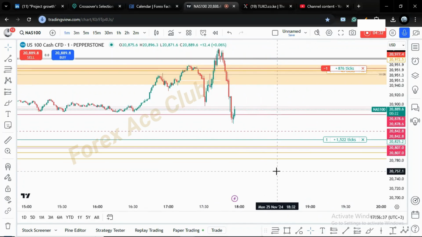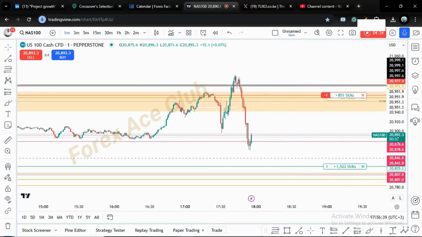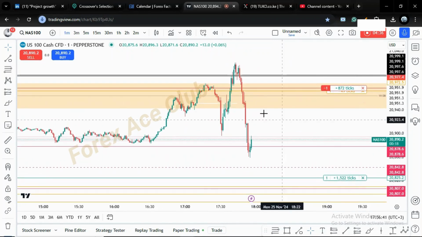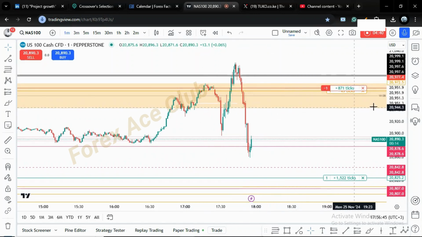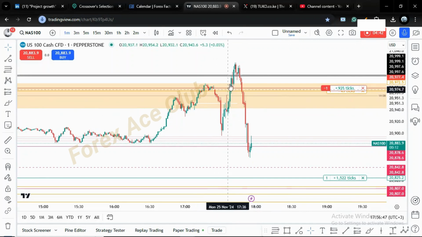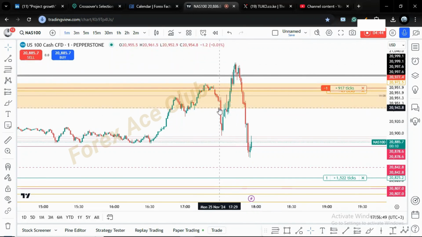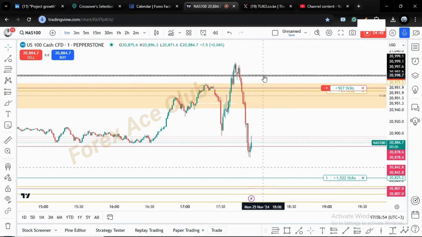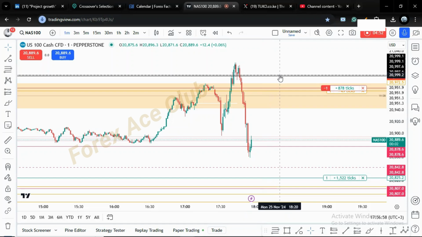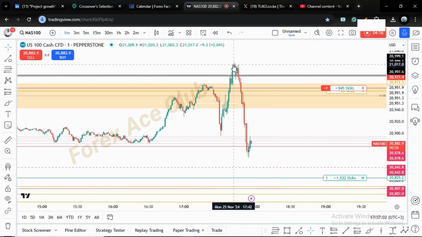Scalpers usually catch a price run from a high to a low. So this was a 1 hour order block, and the market took it out aggressively. We traded above it, so we did not respect it. There was a gap represented by these two black lines. Market traded above it.